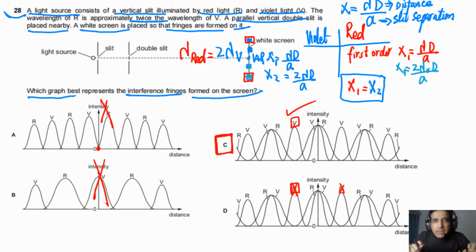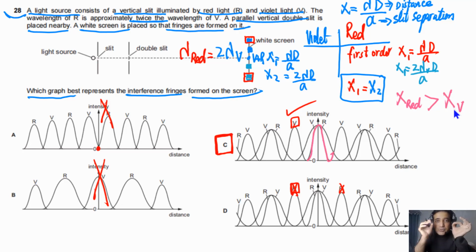Let's try to understand a little bit more about this one. Maybe some of you will be confused, or maybe you need some more detail on why the violet is inside and the red is on the outer side. The reason is that we have seen from here that the fringe spacing for red is 2 times greater than the fringe spacing for the violet.